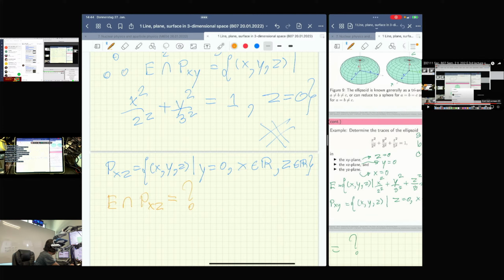Let's say, what is the type, the shape of this equation? What should we say for this equation?